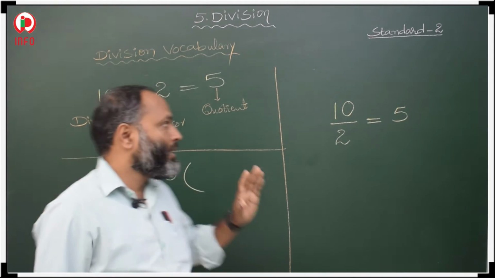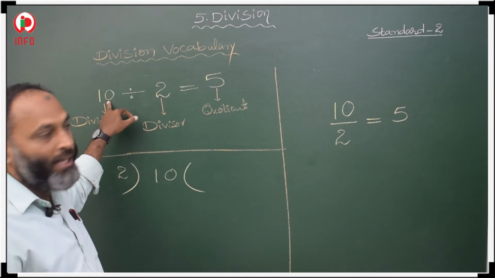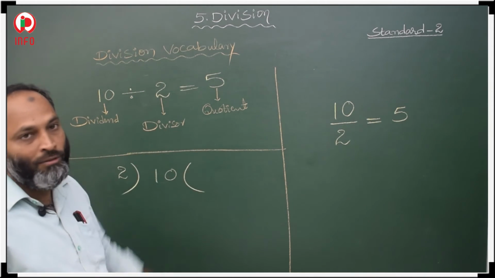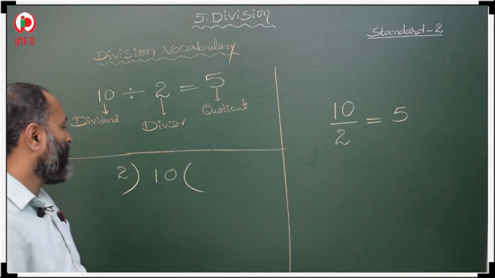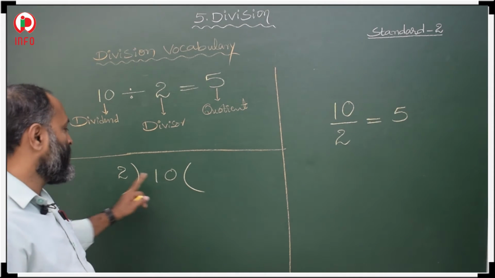So, this is a method to represent our division, like 10 divided by 2 is equal to 5. One more method: 2 divides this 10, means 10 is divided by 2.